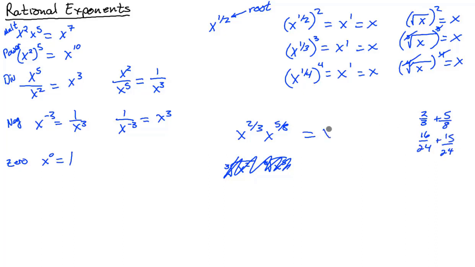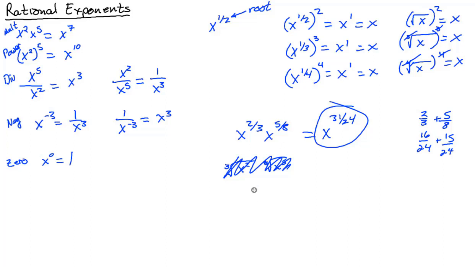That's going to equal x to the 31/24 power. And that is correct, allowing us to write roots as fractions in exponents allows all of the arithmetic that we know about fractions, add, subtract, multiply, divide, and allow us to combine x's with very, very different exponents.